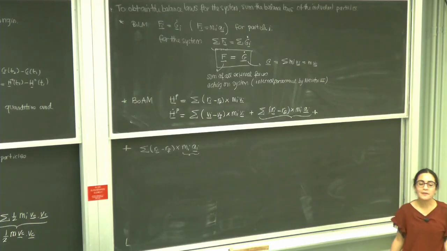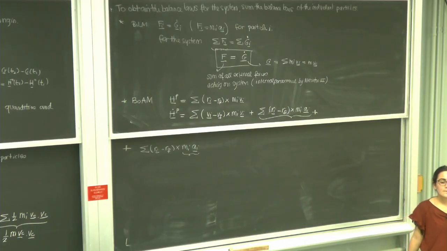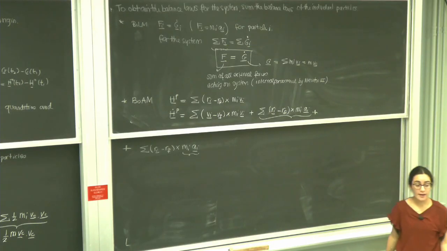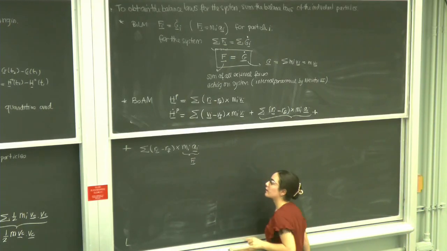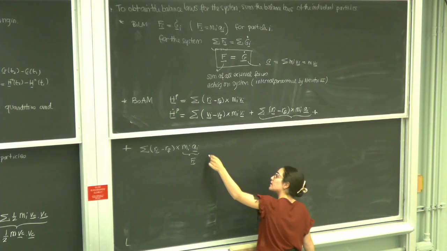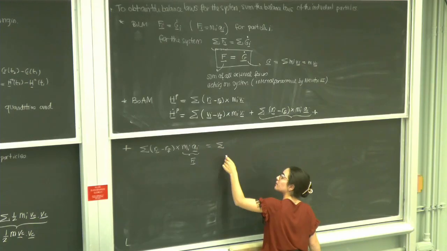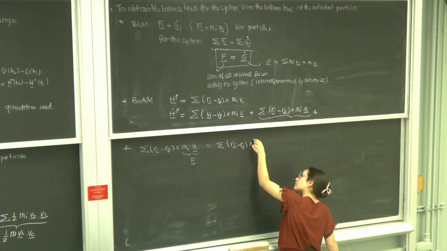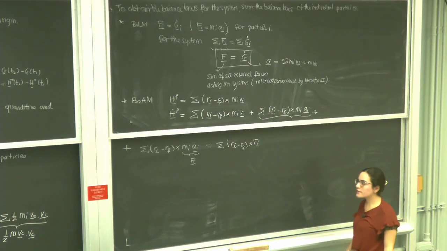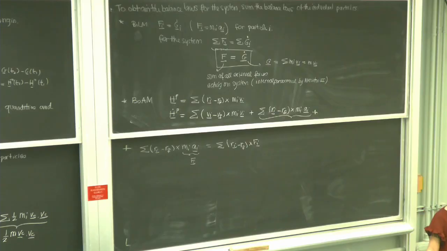From the balance of linear momentum, Fi is equal to mi ai. So I can replace this by the sum of ri minus rP cross Fi. Does this expression remind anyone of anything?